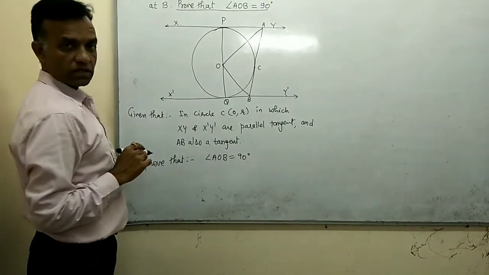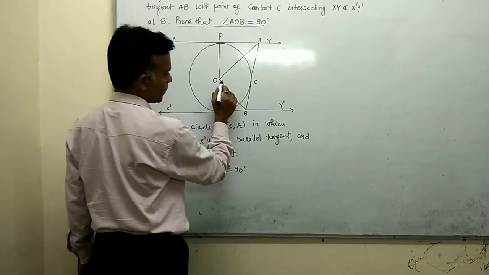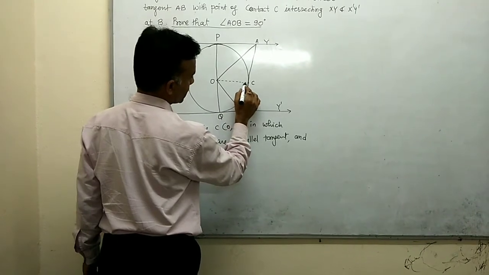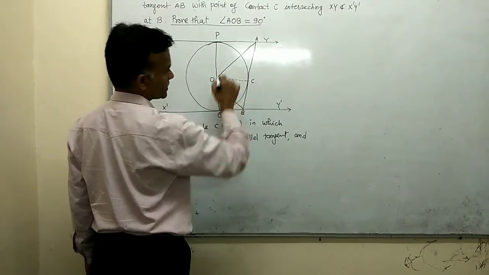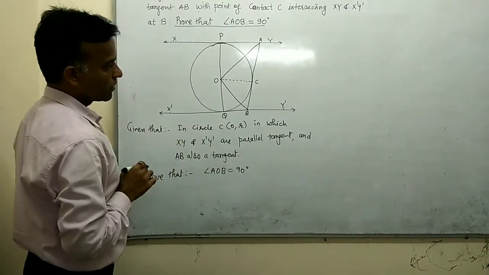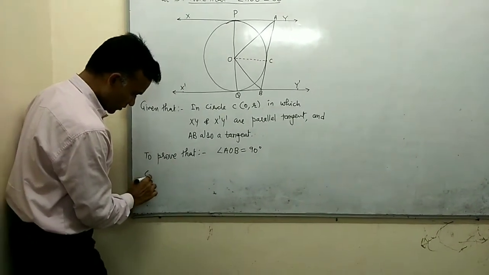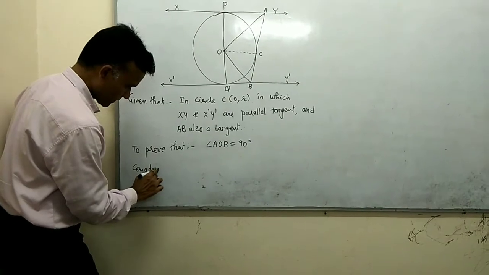Okay, now here construction is required. Join O to C. For this we take the help of triangles. So here we join the points remaining for joining. So construction is needed here, so we write down the construction.